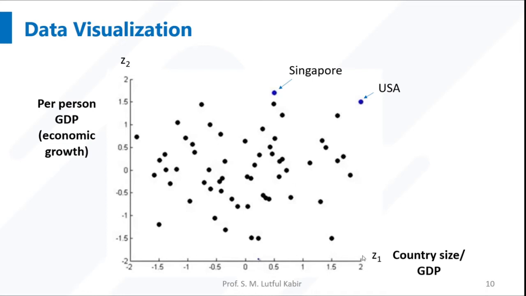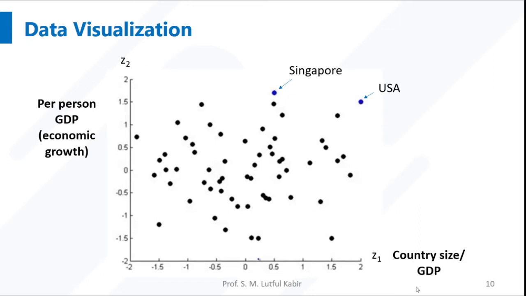And let us say the z1 axis is representative of country size in terms of GDP, and the z2 axis may be per person GDP, economic growth. So this is not actually directly per person GDP or country GDP. It's a representation of per person GDP and a representation of country GDP.